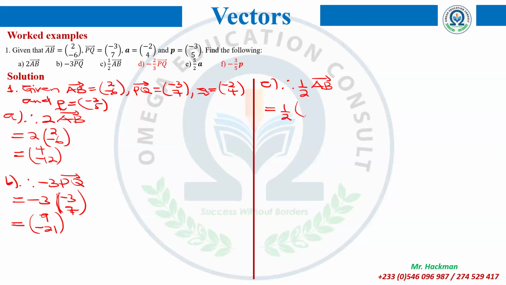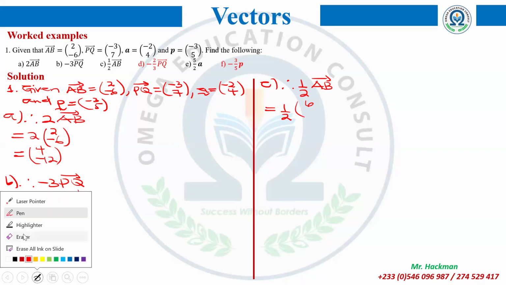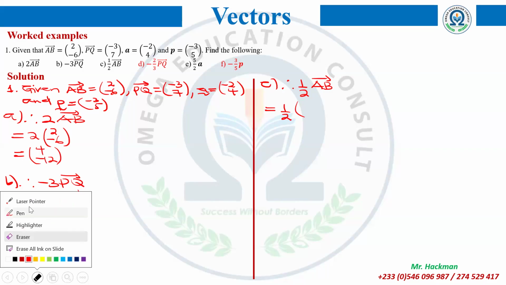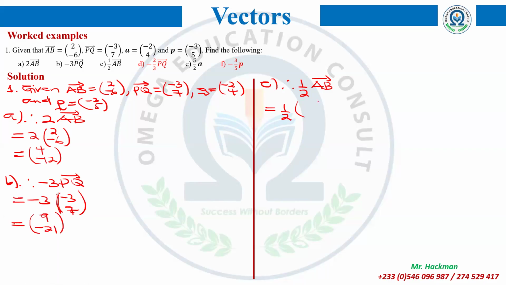And what is your vector AB? Your vector AB is, forgive me, (2, -6). That will be your vector. So this is the same as half times 2, which is the same as 2 over 2, then half times -6. You can do it mentally.